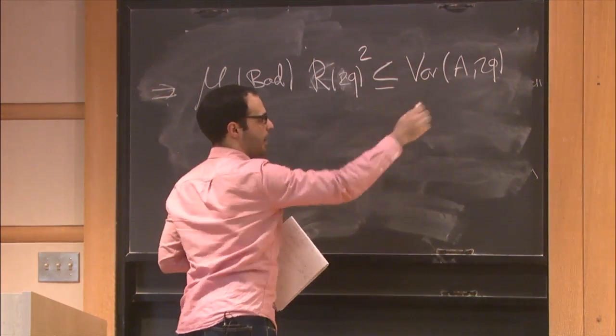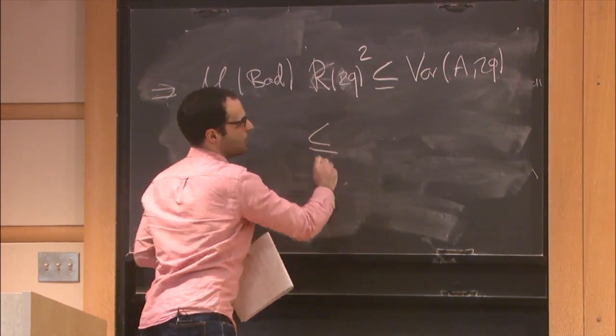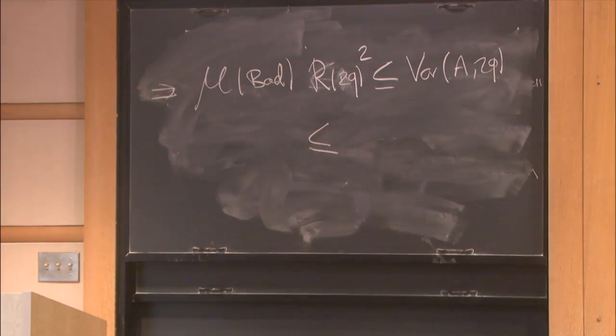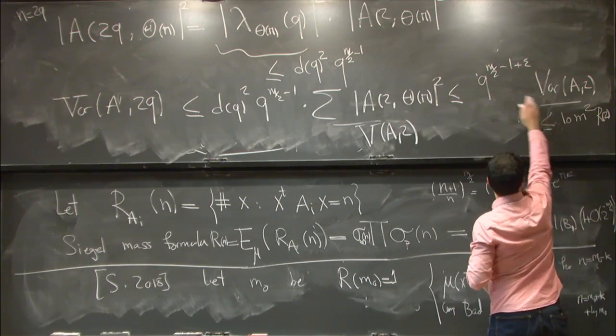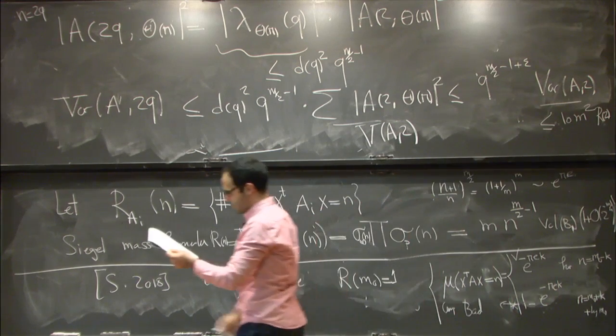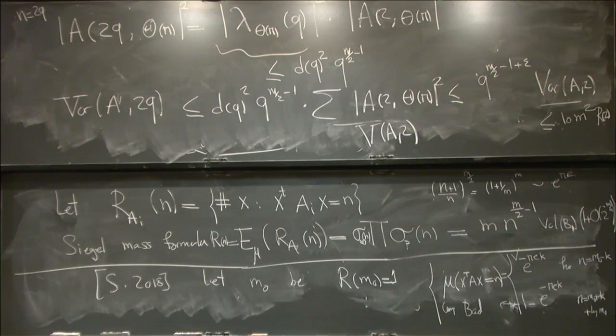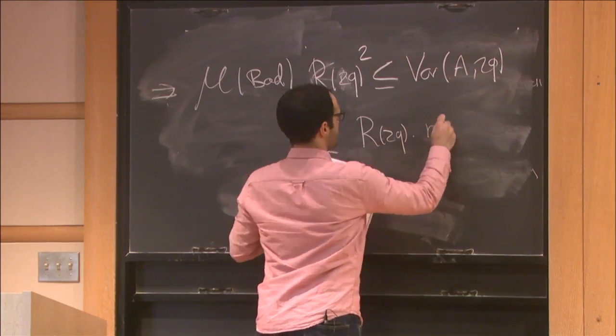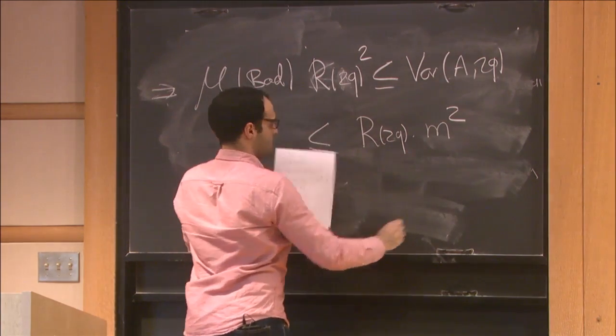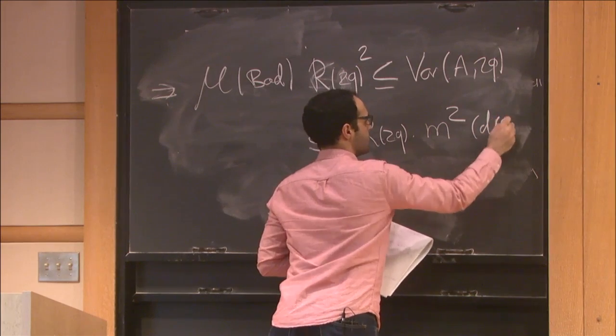But on the other hand, I have a sharp upper bound, so this is going to be r_2 times this. So r_2 times this exponent is going to be r_2 q. So you get r_2 q times m squared times d(q).